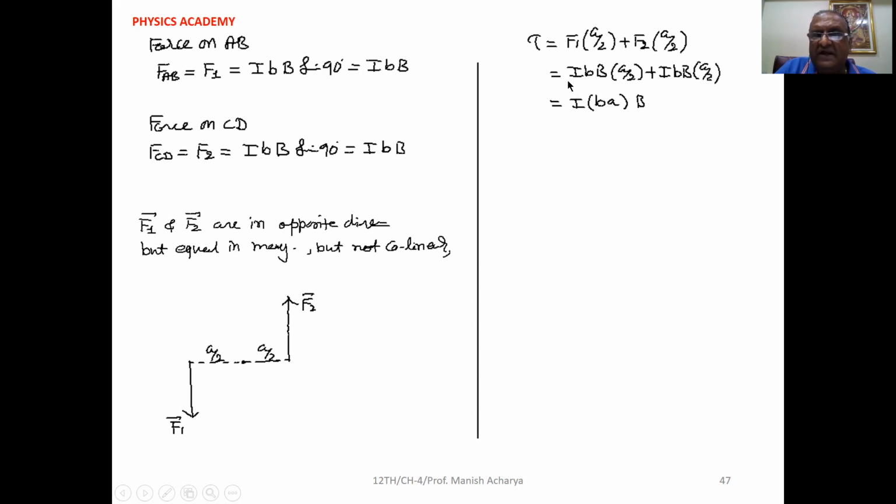So half times I B B A plus half times I B B A. So resultantly you will get the torque, that is I into B A into B. But length into breadth of the rectangular coil will give you the area of the coil. So we can write the torque tau acting on the current carrying rectangular coil, or in general now we can say on the coil placed in the uniform magnetic field, that is I A B.